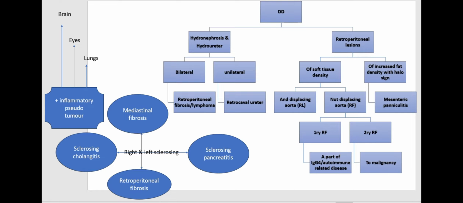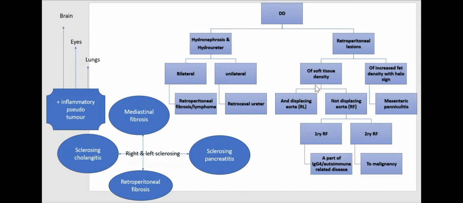So in our case, there was a retroperitoneal fibrosis along with a pancreatic mass. That's why we need to exclude that this retroperitoneal fibrosis is secondary to a pancreatic malignancy, a pancreatic lymphoma. Okay? The other possibility is that the retroperitoneal fibrosis is a primary lesion.